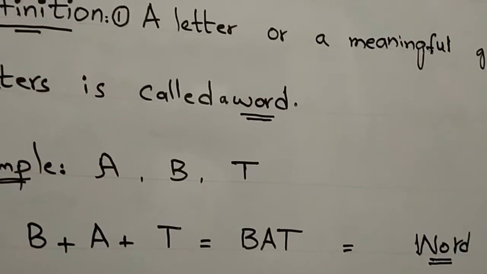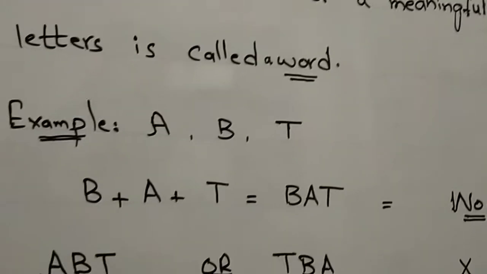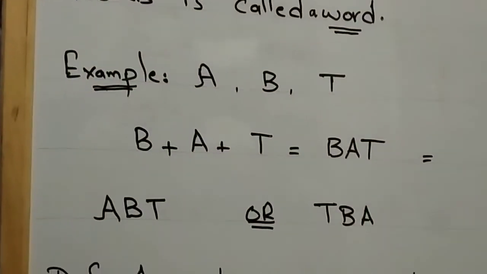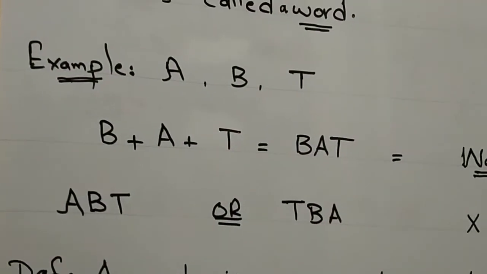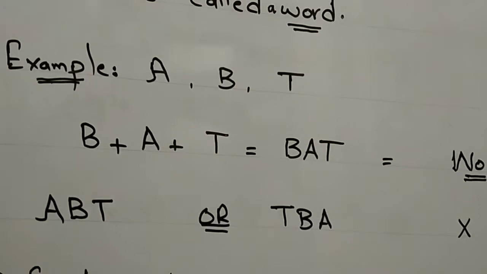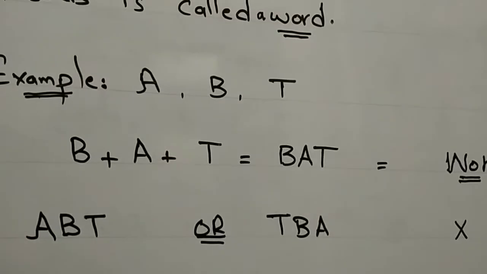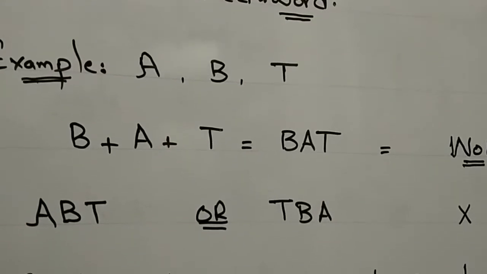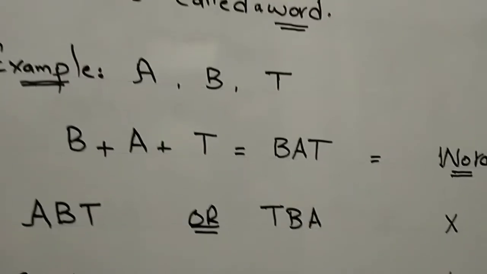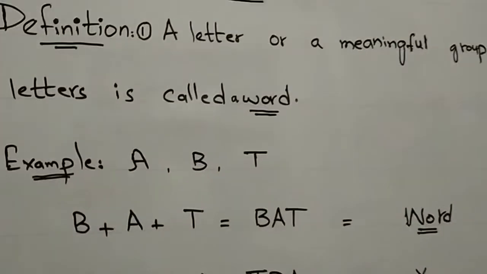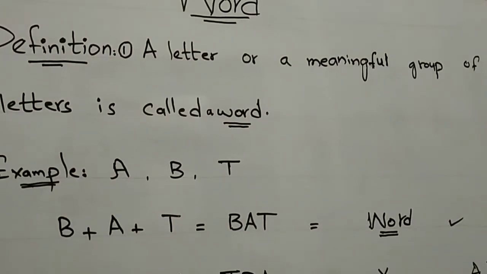But if we arrange these three letters as ABT or TBA, they are a group of letters, but they are not words because they are not meaningful. So, a sensible group of letters is called a word.